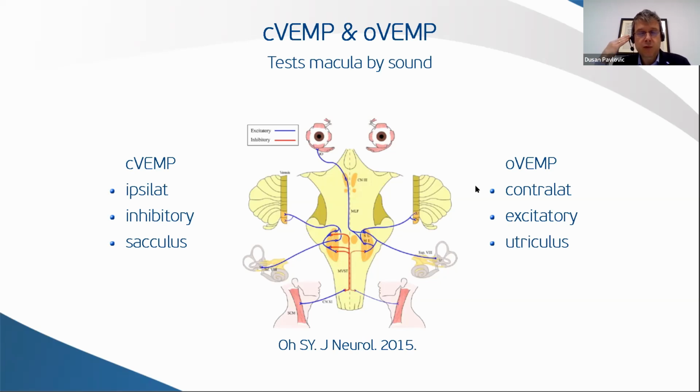If you stimulate the right ear, you measure with an electrode under the left eye, and it represents activity of the utriculus. And the place where we measure, actually, we measure the function of the inferior oblique muscle.